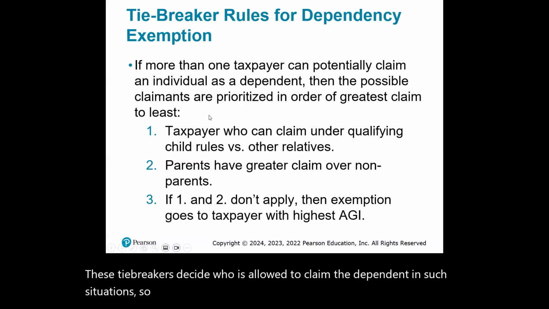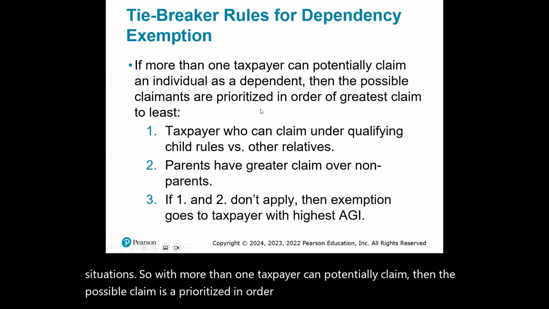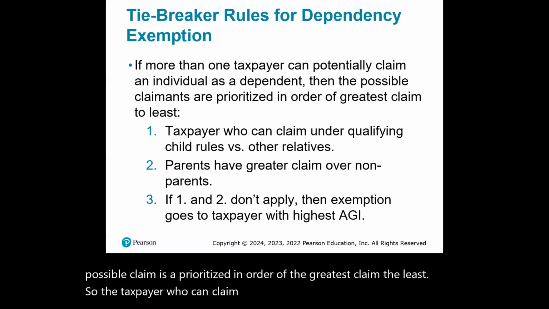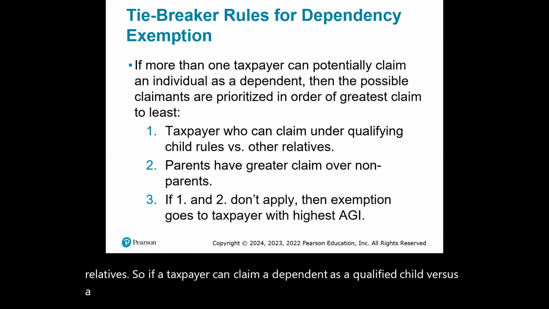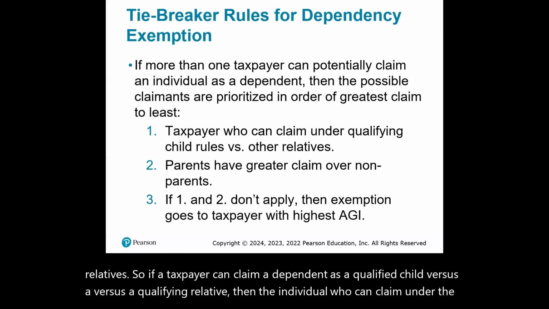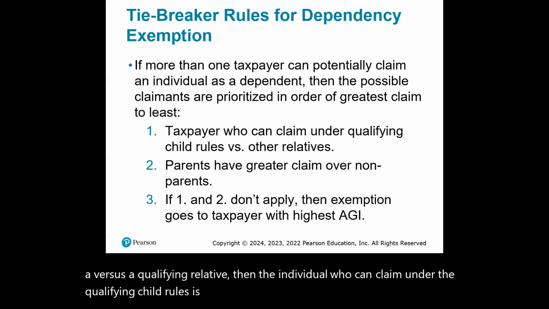So if more than one taxpayer can potentially claim, then the possible claimants are prioritized in order of the greatest claim to least. So the taxpayer who can claim under qualifying child rules versus other relatives. If a taxpayer can claim a dependent as a qualifying child versus a qualifying relative, then the individual who can claim under the qualifying child rules is allowed to claim the child.